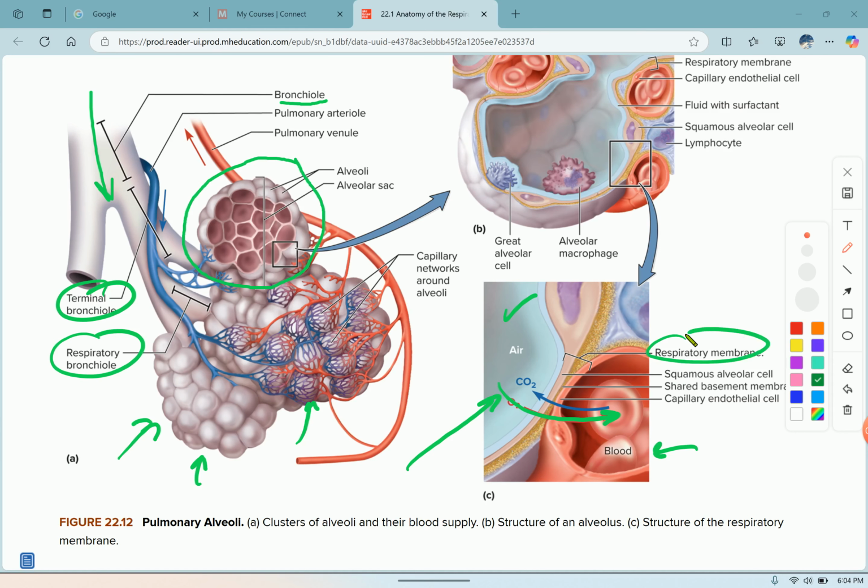Okay, the respiratory membrane, and the simple squamous epithelium that's in the respiratory membrane, is thin enough to allow for gas exchange.